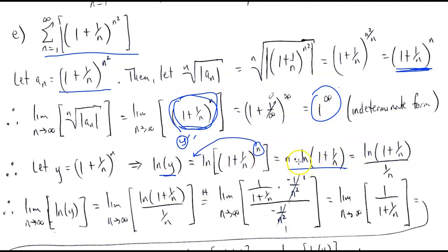And once we get here, we automatically know from first year calculus that if I was to take the limit of this term here, what I would essentially end up getting is an indeterminate product of infinity times 0.